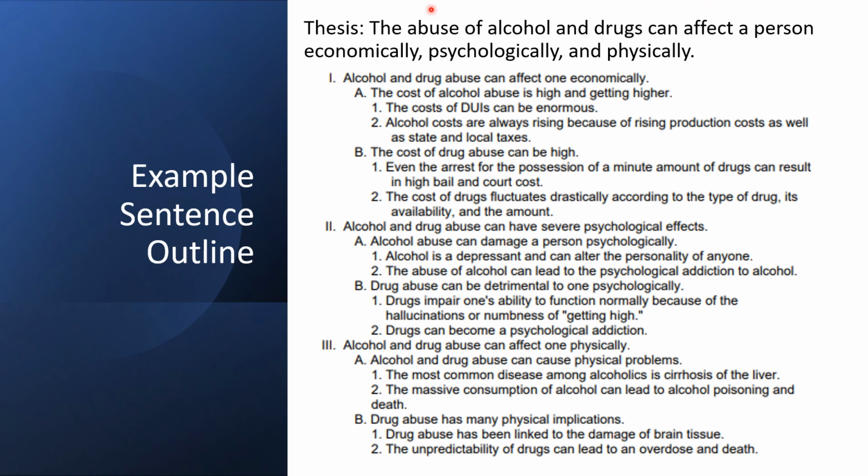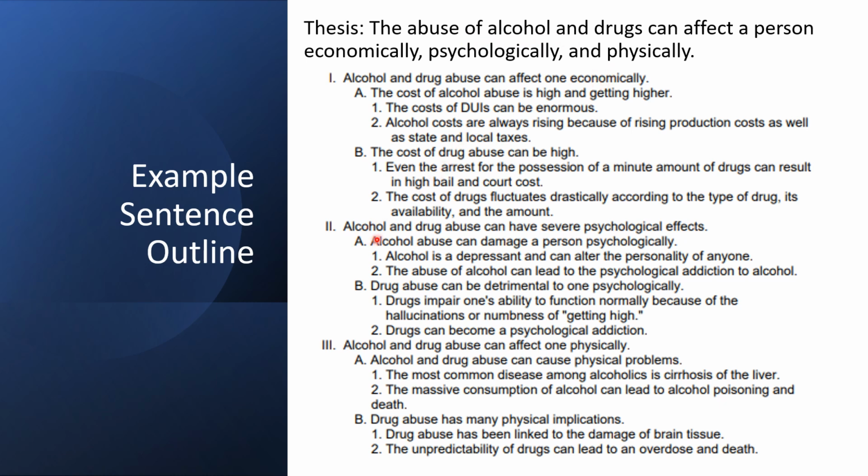If this is the thesis statement for a planned essay, then Roman numerals 1, 2, and 3 are those three aspects of life affected by alcohol and drug abuse. Alcohol and drug abuse can affect one economically. So this is one of those three life aspects affected by drug and alcohol abuse.